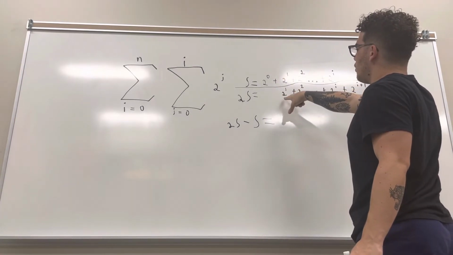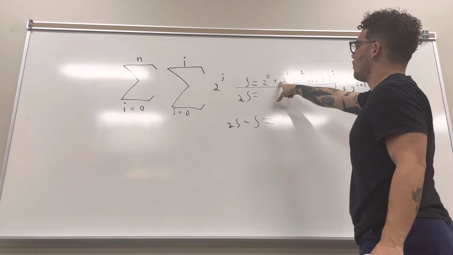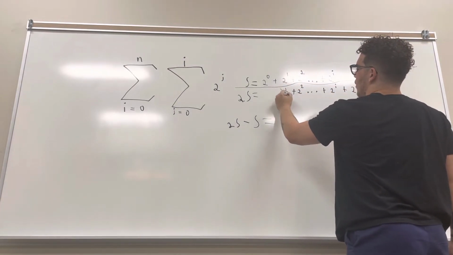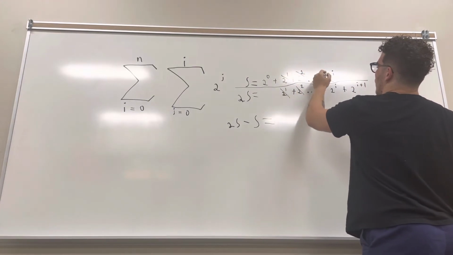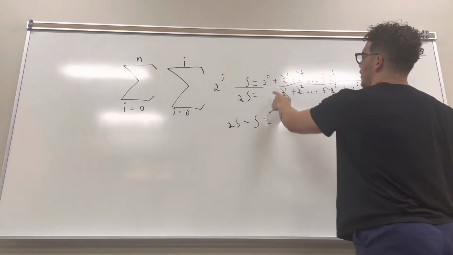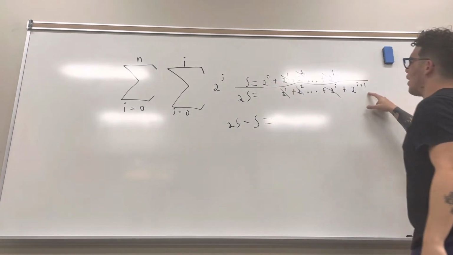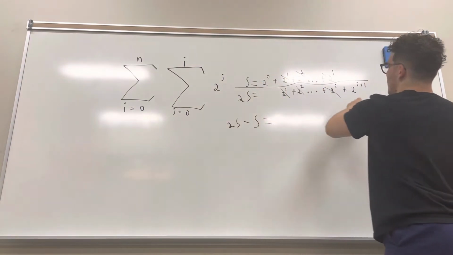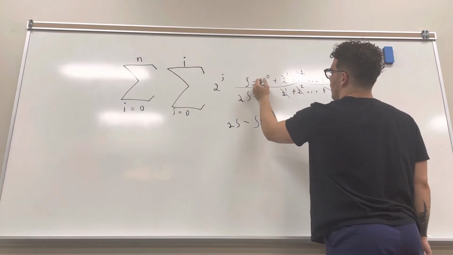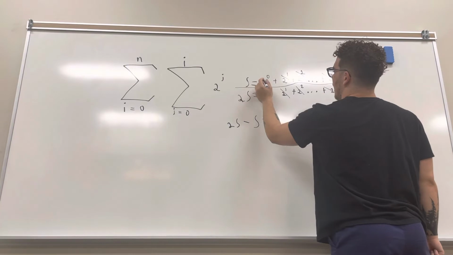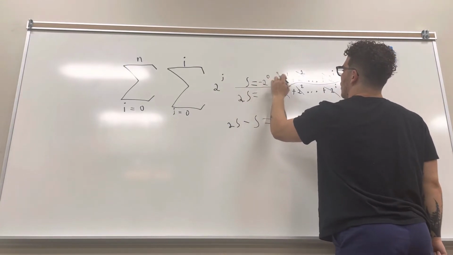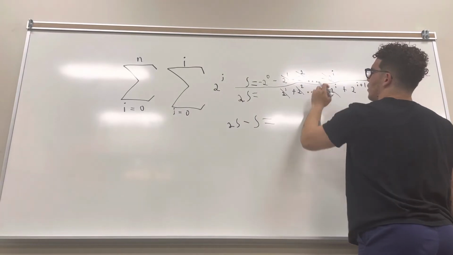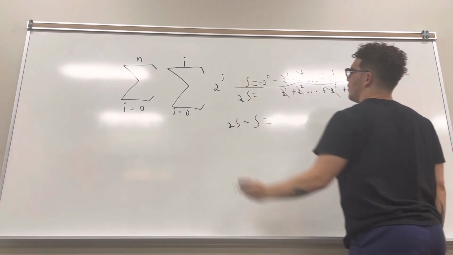2 to the 1 minus 2 to the 1, so those cancel. So notice how pretty much what's going to happen is that all of these are going to cancel, and we're just going to have 2 to the 0 and 2 to the i plus 1. But remember, we're subtracting this guy from this guy, so we have to turn all these to negatives, because we're subtracting this now.